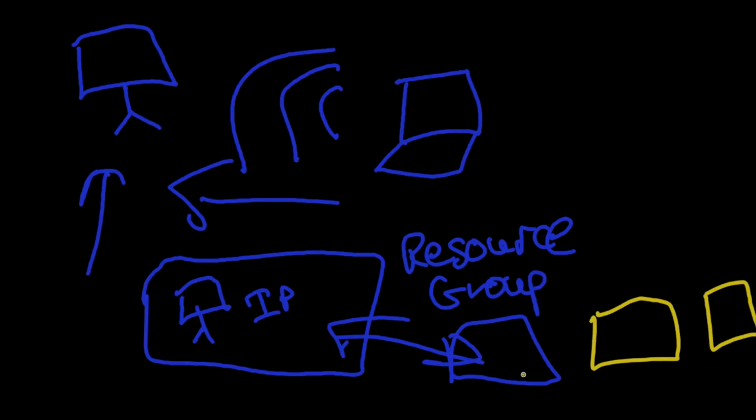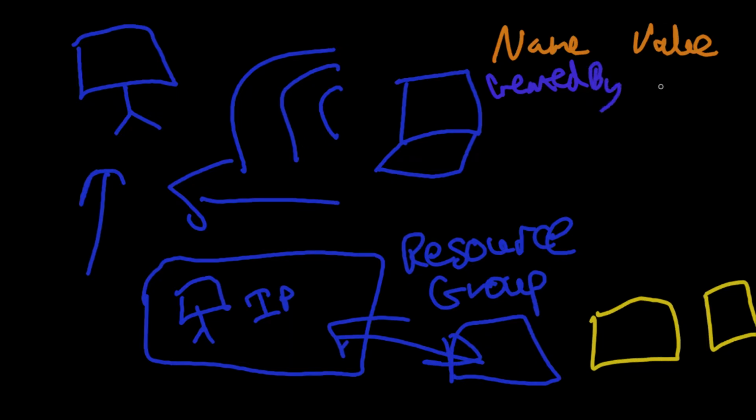Now that's where tags come in, because you can literally just apply name value pairs and say, okay, these resources on the left, let's say we have a tag, created by, and then Salman, and the same name, but have the value of Joe for these ones.